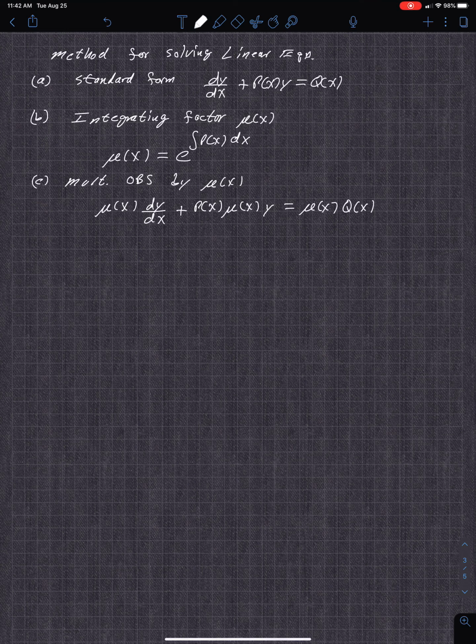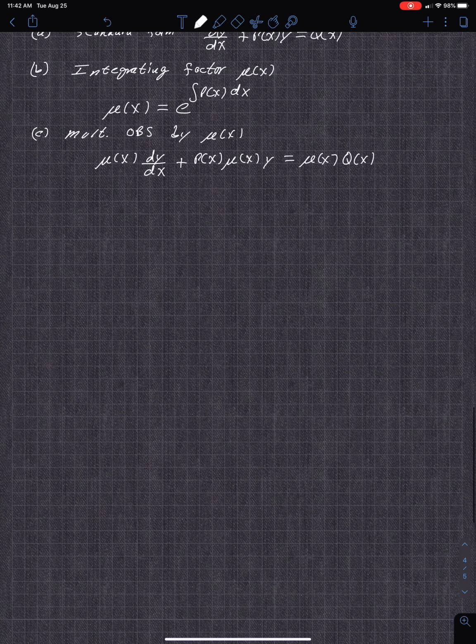But this left-hand side is just, so this is the part you need to remember. You multiplied by that so that d dx of mu of x y is above. So that's your intent. So it's really, you're just integrating the right-hand side, which is mu of x q of x.